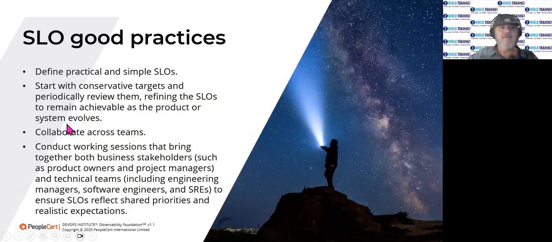Collaborate across teams to set the SLOs. Conduct working sessions that bring together business stakeholders, product owners, project managers, technical teams, managers, software engineers, SREs, maybe QA, maybe security teams to ensure SLOs reflect a common understanding of priorities and expected values.